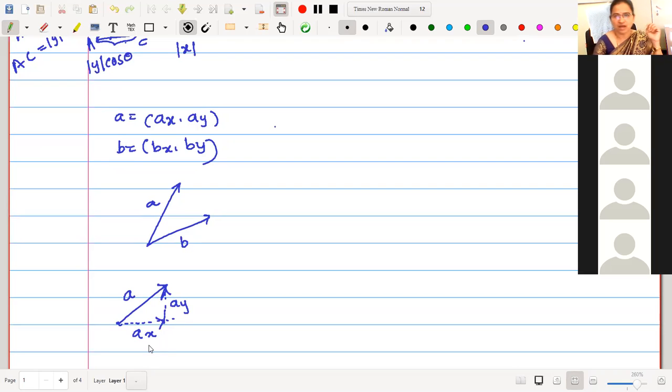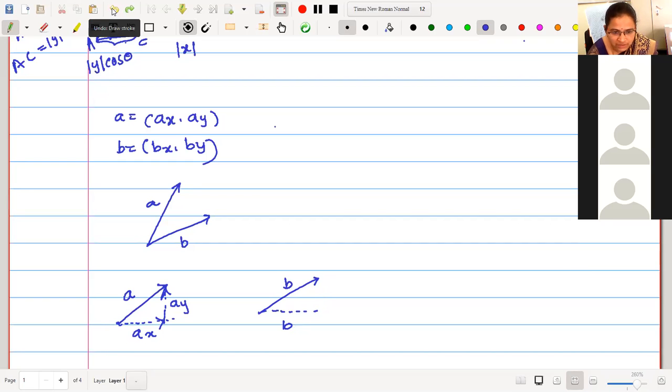AX is the X component of vector A. AY is the Y component of vector A. Same thing we will do for B. For B, this will be my vector BX, and sorry, I should draw these with dotted lines. This is BX and this is BY. BX is the X component of B, BY is the Y component of B.